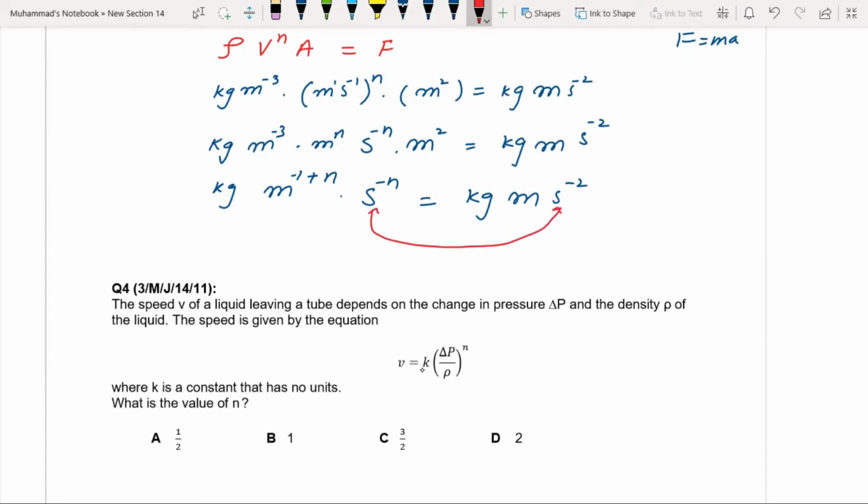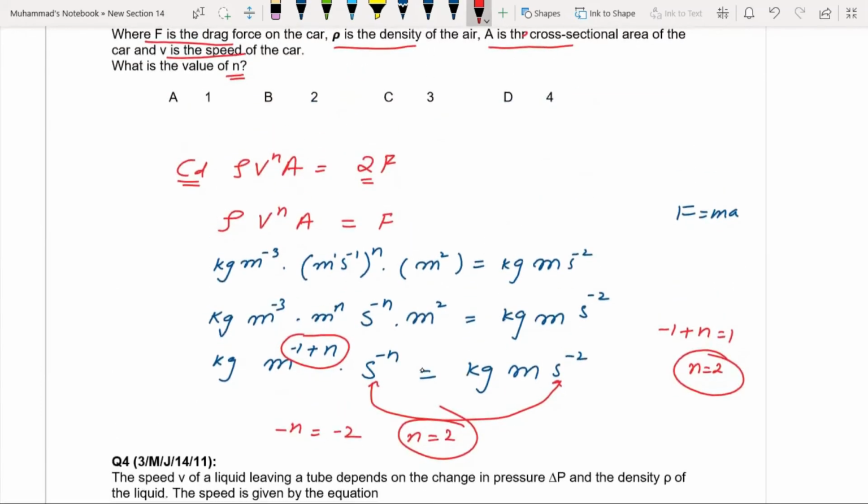On the left hand side the power of s is minus n, and on the right hand side it is minus 2, so n is equal to 2. Or you can compare the powers of m, that is minus 1 plus n on the left hand side and 1 on the right. So again you will get the same answer. It's up to you which variable you want to compare on both sides. So n is 2, and B is the right answer for question 3.